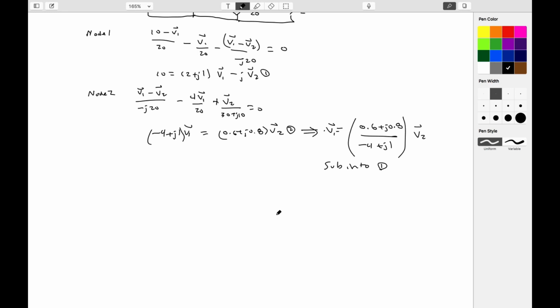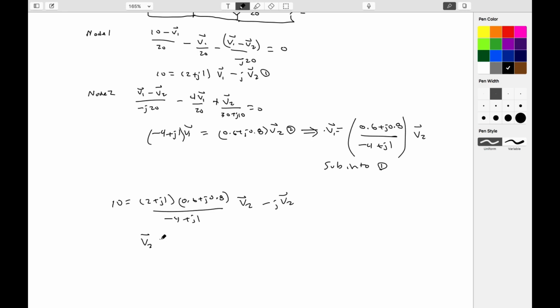Alright, so the reason I'm doing this is because I really only care about V2. So I'm solving here. I have 10 is equal to 2 plus j1 times 0.6 plus j0.8 divided by minus 4 plus j1 times V2 minus j V2.